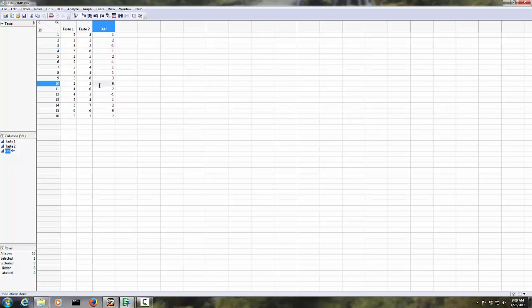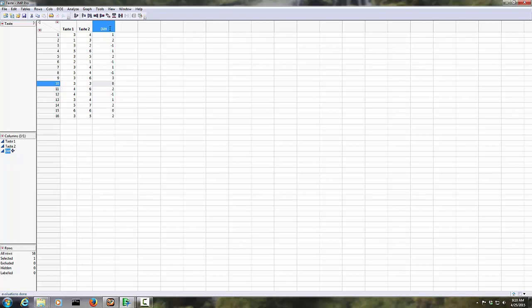And if we scan down here, here's a row where the difference is 0, and that means that the individual gave the same rating to both teas. So this is the indifference value, 0. So what we're now going to do is take that column of differences and apply a one-sample t-test to it. And when we do a one-sample t-test on the column of differences, that is the paired t-test in action.